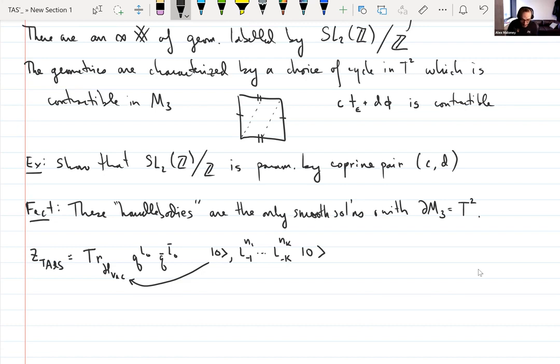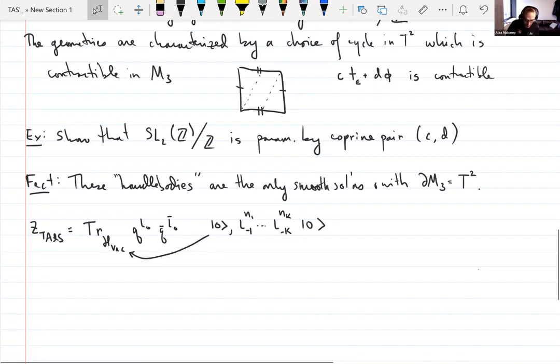Now, what is the trace over H over this set of descendants of q to the L0, q bar to the L0 bar? Well, first of all, we have the contribution of the ground state.